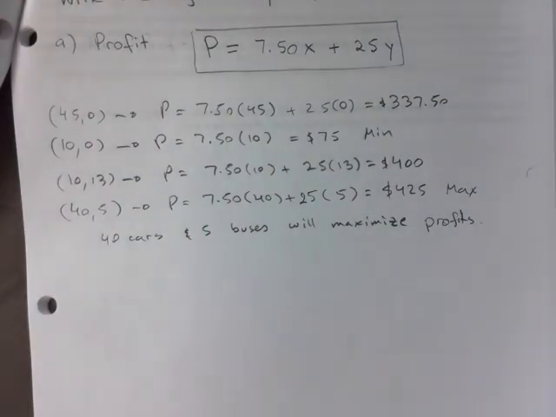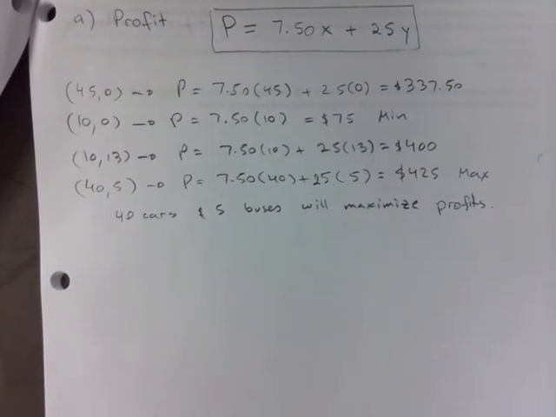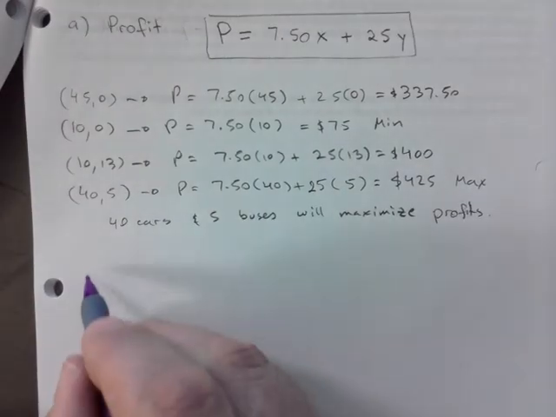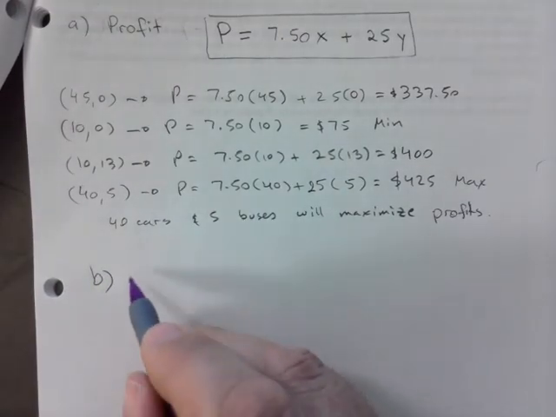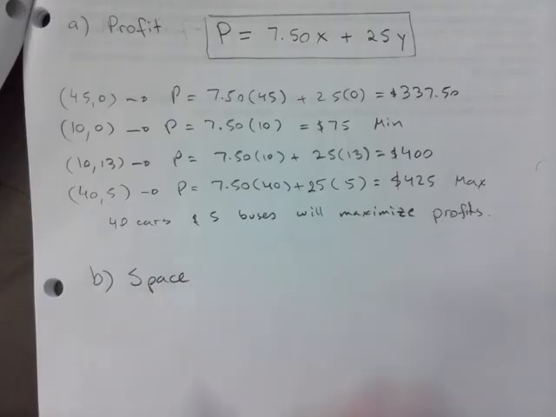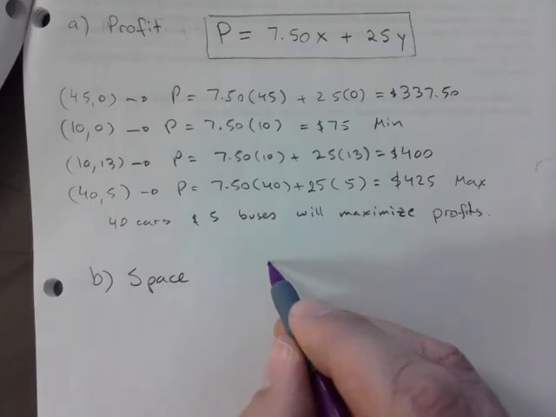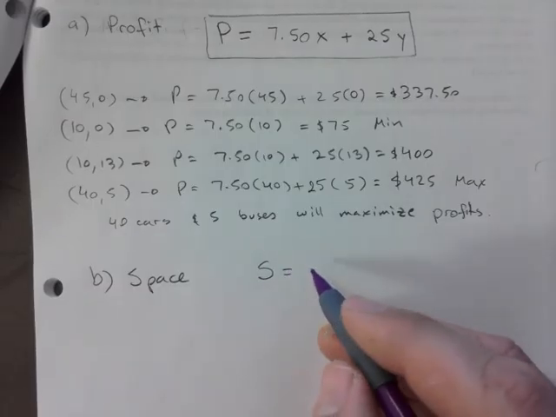1 second. I want to do one more. What if I asked you to write an objective function that would relate space, like how much space I have? Let's just finish this one. Space would be what?